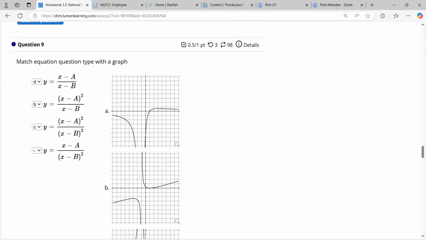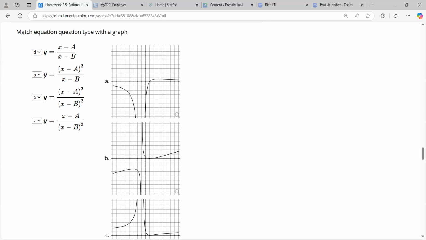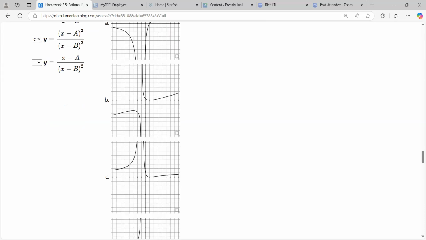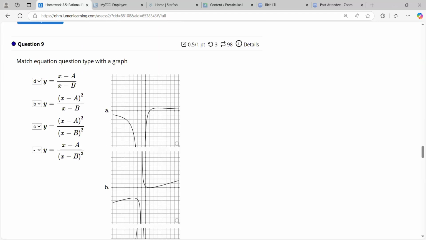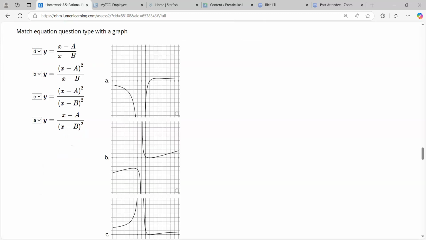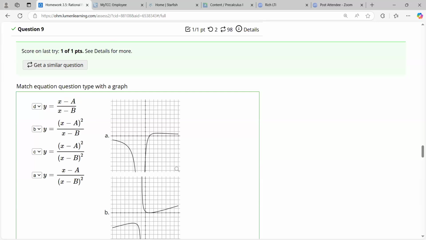Which one has the x-axis as the horizontal asymptote? This one is crossed. This one is also not touched. This one is not, so it has to be A. All right, guys, I think we got it right.